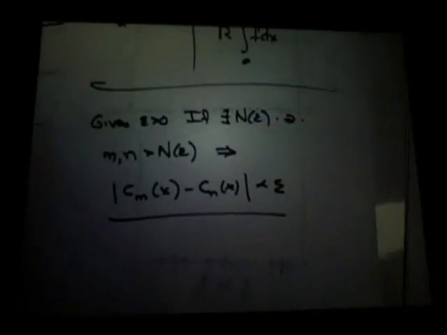If you can show, given epsilon greater than 0, there exists an N of epsilon such that if m and n jointly exceed N of epsilon, then you are assured that the mth one minus the nth one is less than epsilon, then you can say that the uniform convergence criterion, Cauchy style, guarantees the convergence. Okay? If that's true, then Cauchy's uniform convergence criterion is satisfied.